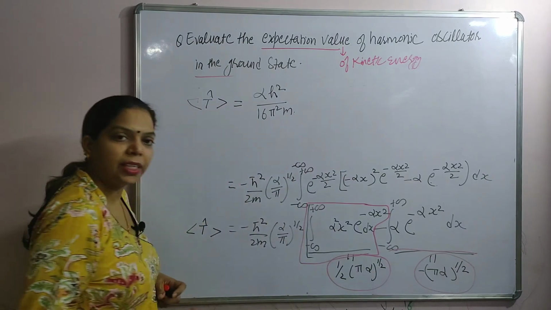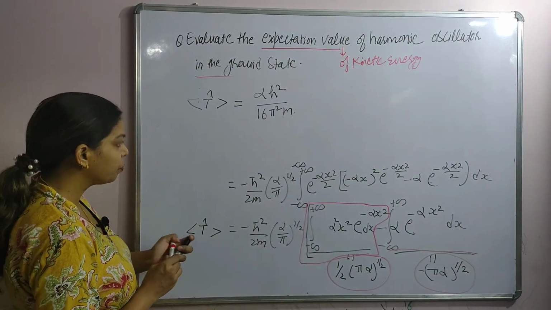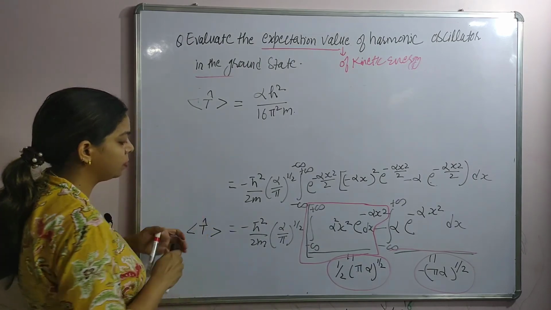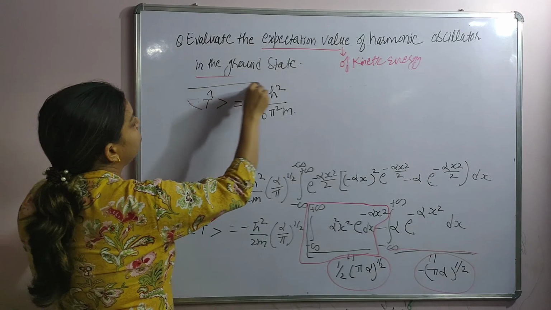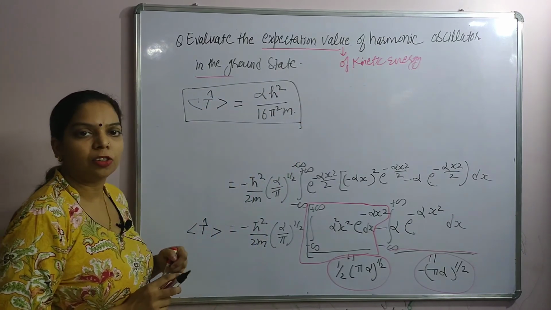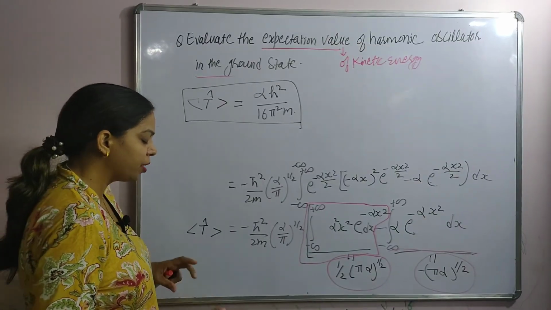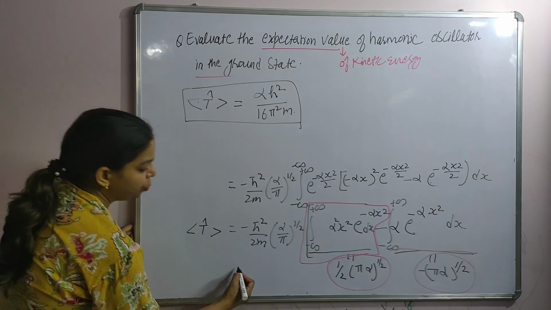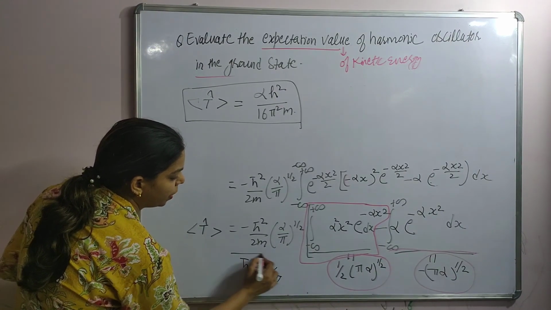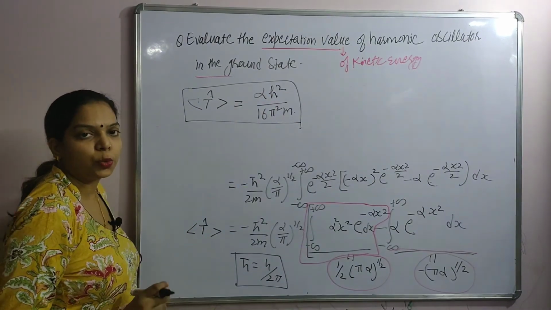Substituting these two values and further simplifying the factors, we will get this expression for the average kinetic energy of the particle. These are simple mathematical rearrangements. Here also h bar is equal to h upon 2 pi, replaced by h upon 2 pi. So we have the result in terms of h square only.